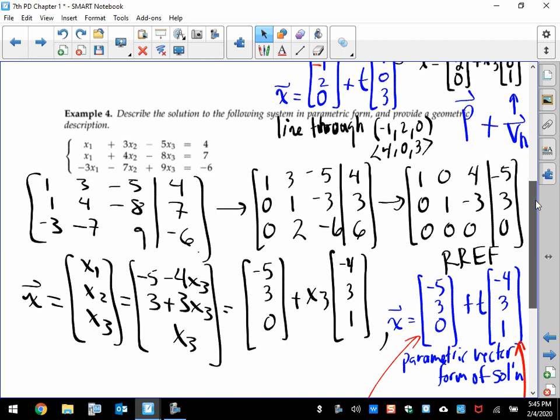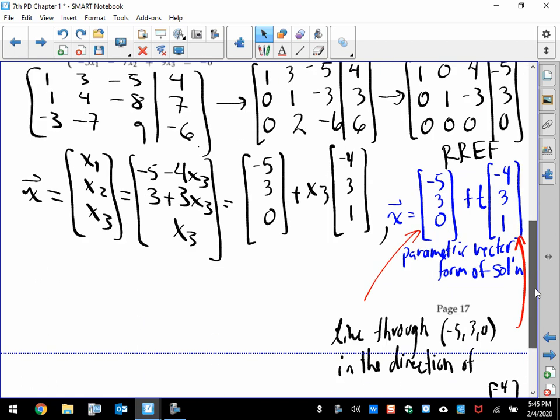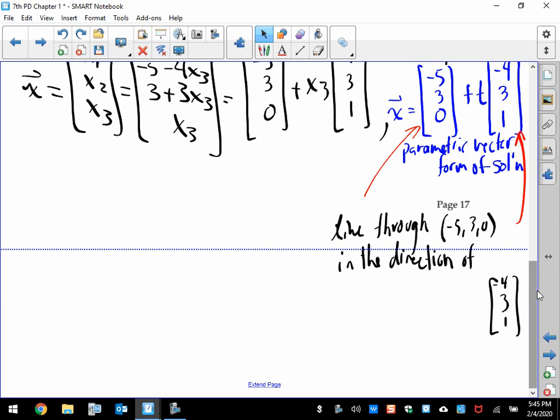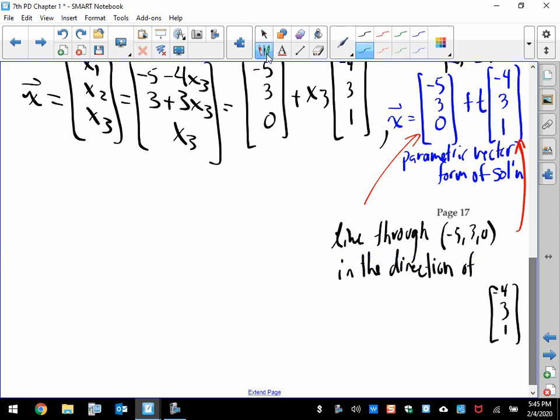Finding a solution and then writing it in parametric vector form, and then going further and giving a geometric description. Now, what if I had 2 free variables? So what if I had a t and an s? Well, then that would generate, of course, a plane in 3 space. What if I had no free variables? Well, then that would just be a point in space.